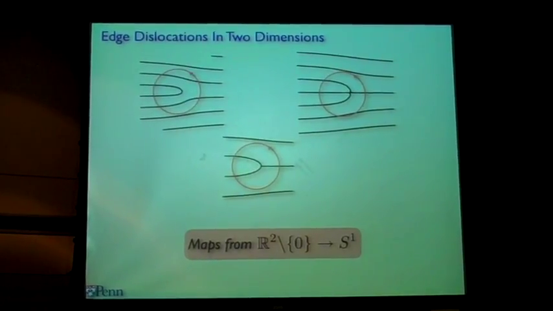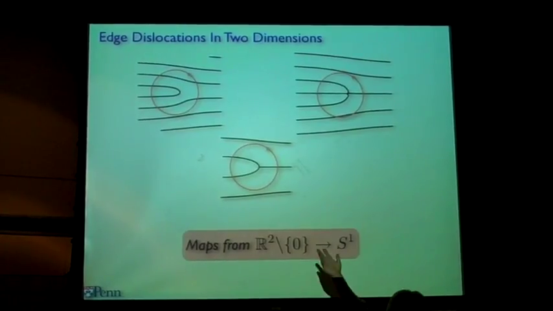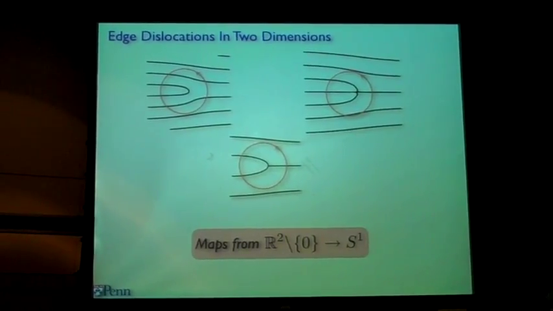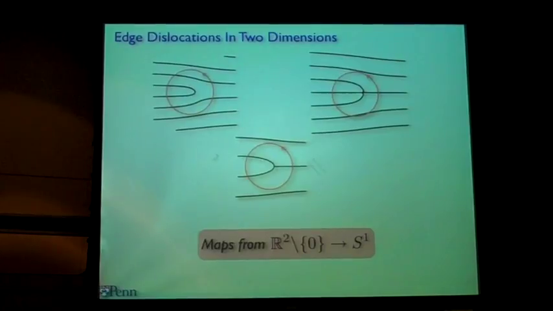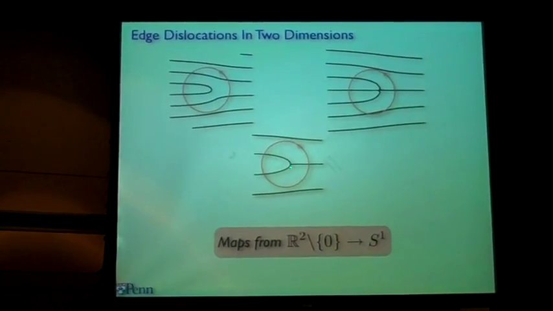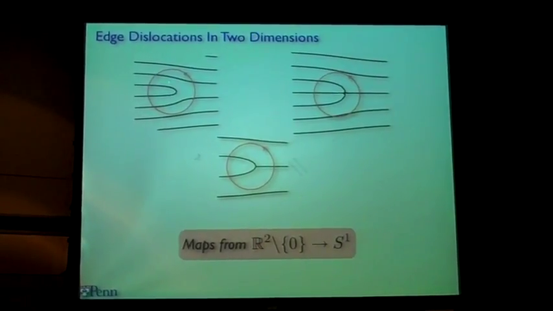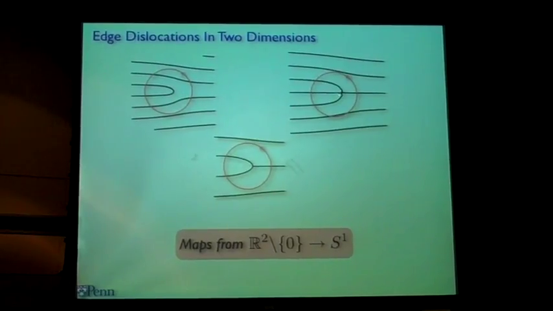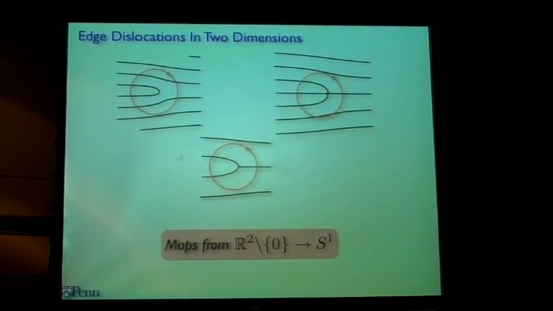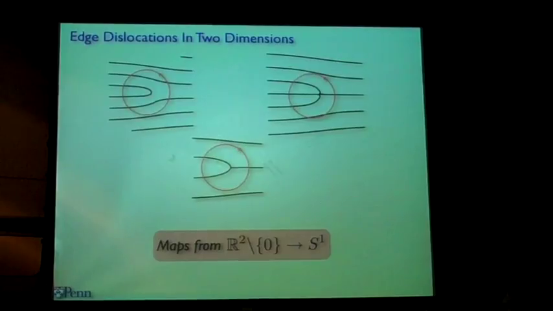Okay, now again, you can see these are maps. How do I describe this? These are going to be maps from the plane minus some puncture. There's going to be some place where I can't define the number of layers exactly. Here it'll be somewhere here. Here it'll be somewhere there. To S1. Why S1? Because these structures by themselves are periodic.